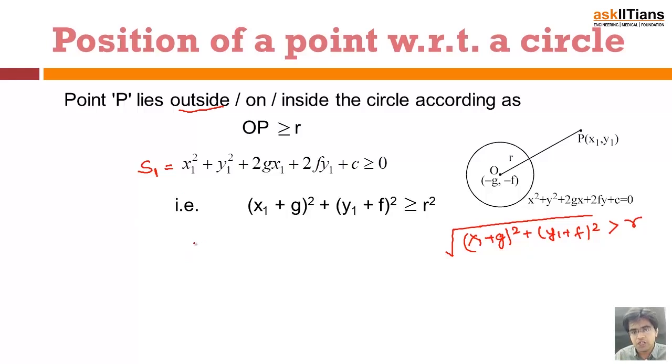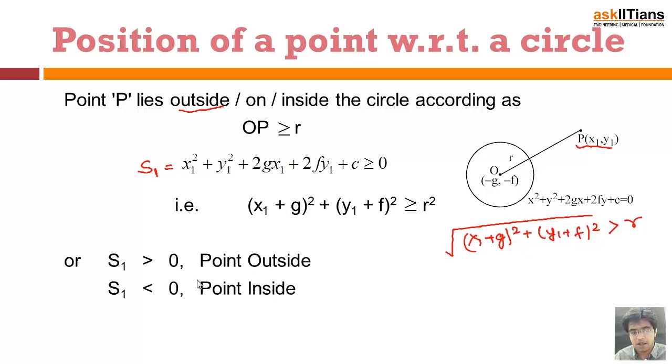Now let's come to the conditions. What conditions govern this point P's situation? The first condition is that if S1 is greater than 0, that means OP is greater than R, then the point lies outside. Similarly, if S1 is less than 0, that means the point lies inside, because the distance OP is less than R, so it has to be somewhere here.